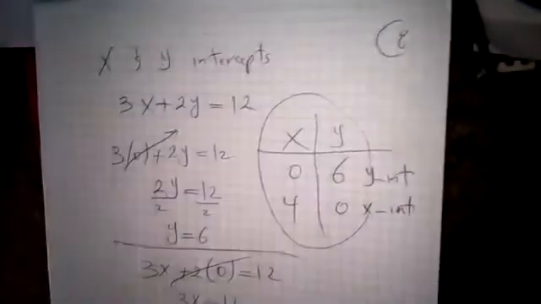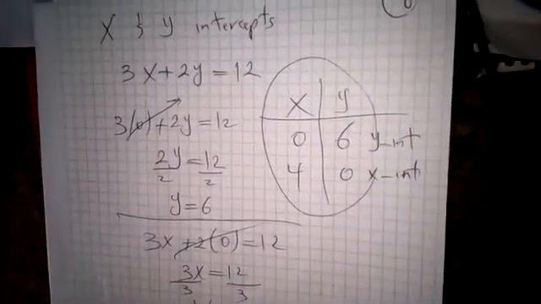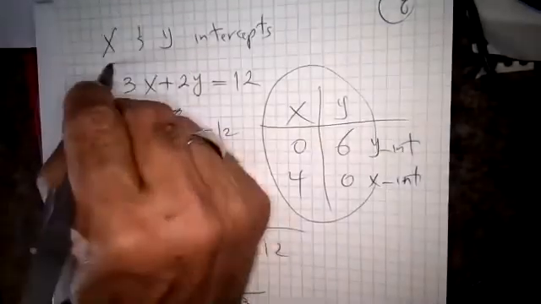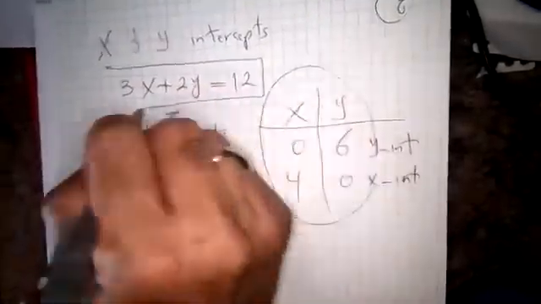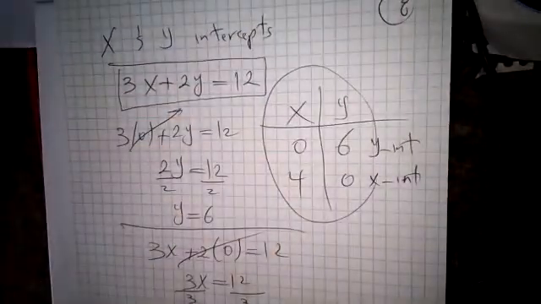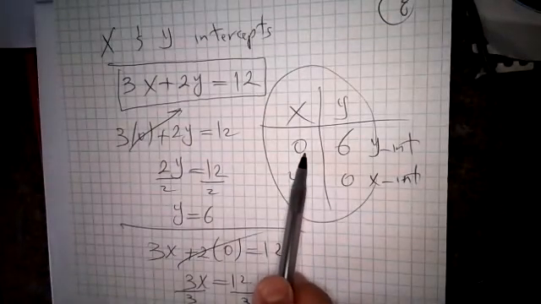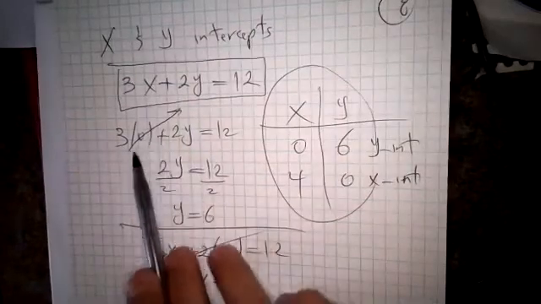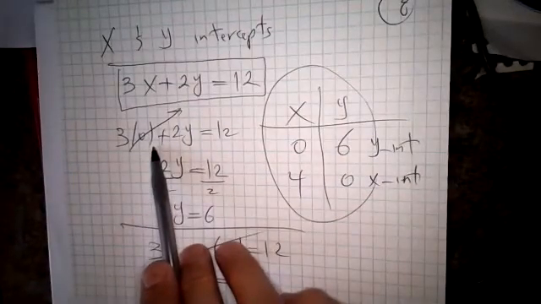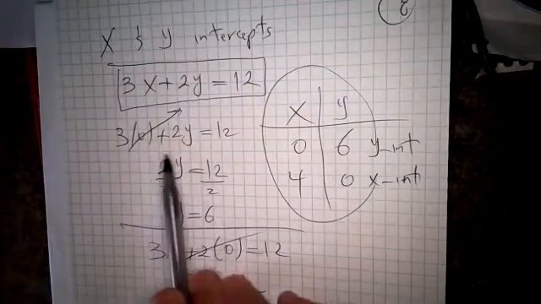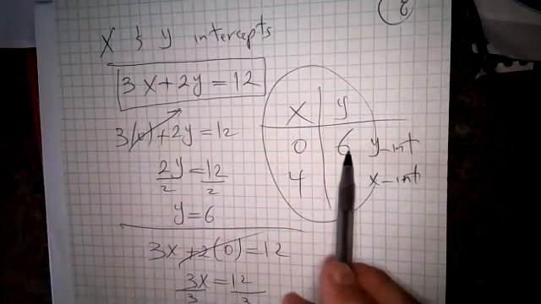Look at this example. The equation is this. They ask you to find x and y-intercept, right? So what you do is, first, you put 0 for x in the equation. So this is gone, to find your y-intercept.